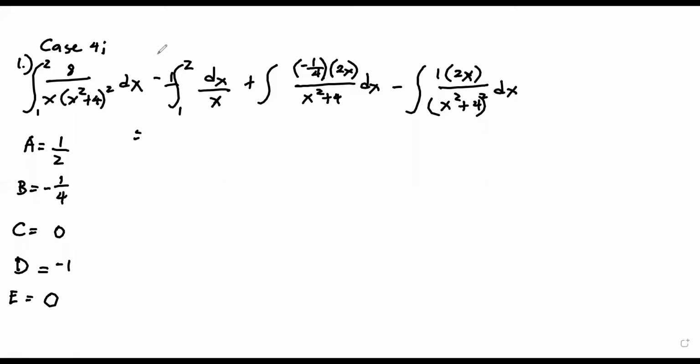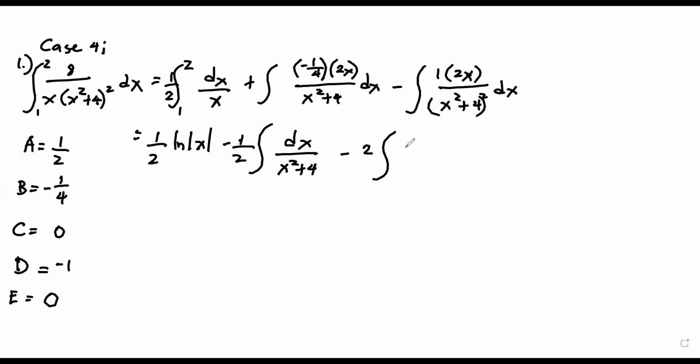So we'll have 1/2 ln x. Tapos, this is negative 1/4, negative 1/2 integral of dx over x squared plus 4, negative 2 integral of x dx over the square of x squared plus 4.